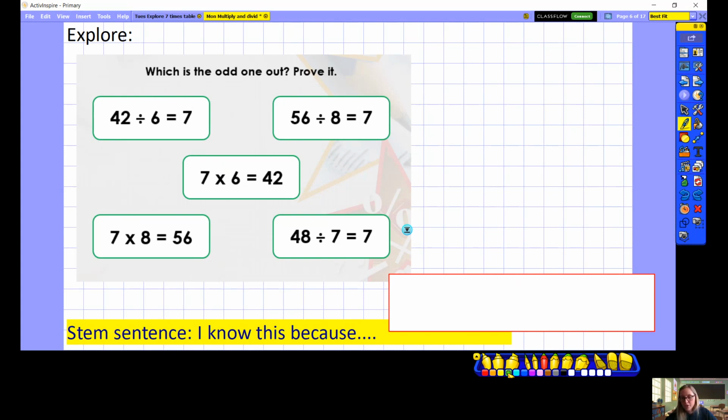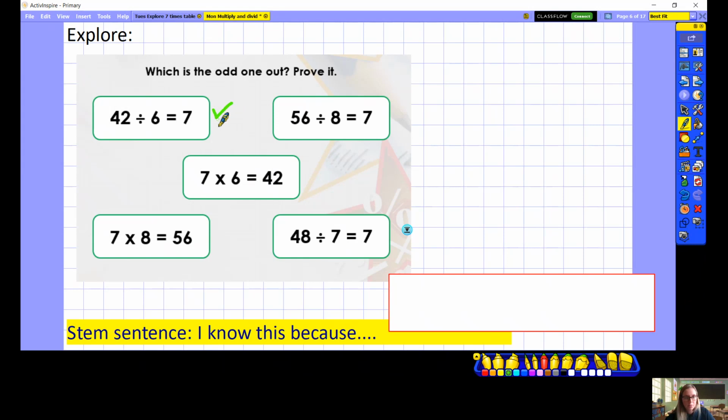Okay, so to help us do this, we can work through these one by one and see if we think they're correct or if we think they're incorrect. So 42 divided by 6 equals 7. I can use my knowledge of times tables to help me. So does 6 groups of 7 equal 42? Well, yes, they do. I know that 42 is a multiple of 7.